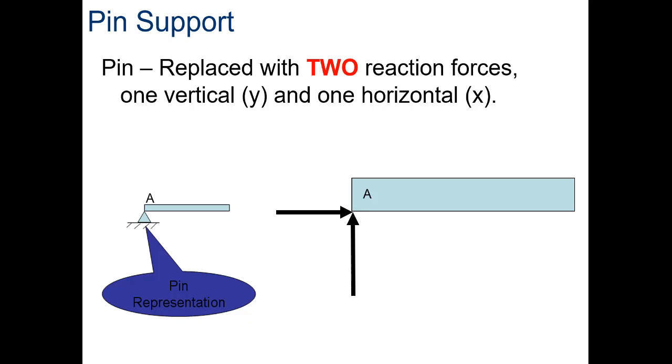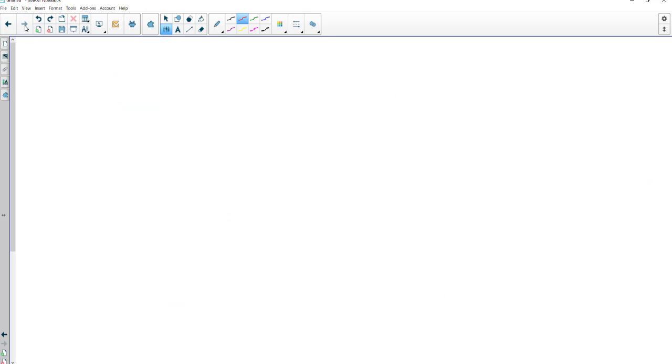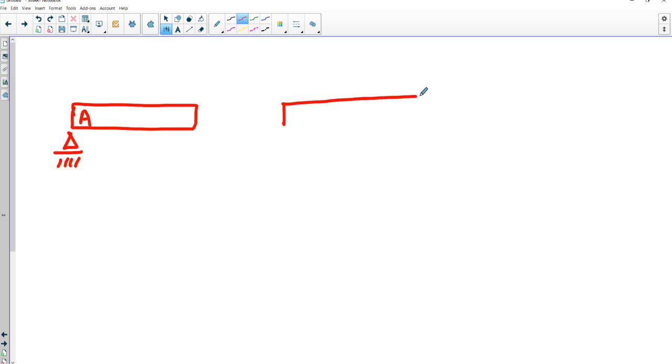The way that I like to label those: we have member A, and we had a pin joint, a pin support. If we drew a free body diagram of that, let's picture this.